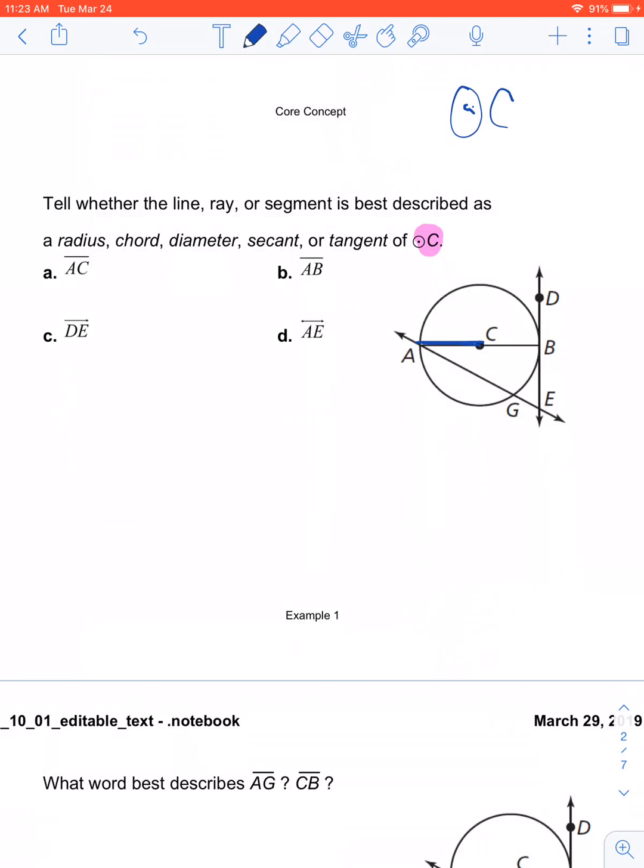You have to notice where you have the endpoints. One endpoint is the center, one is on the circle, and therefore that makes it a radius. Next, AB. I'm noticing that my endpoints are on the circle, but it goes through the center. So that would make it most specifically a diameter.